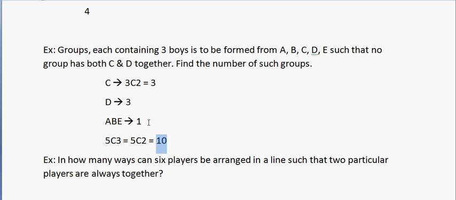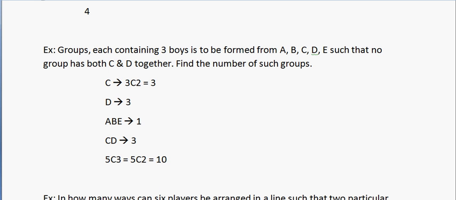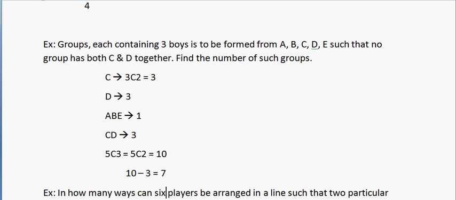So how many groups have C and D together? We have seen that if C and D are together, they would be 3, right? So our answer would be 10 minus 3, which is equal to 7, right? I hope that you are clear with both the methods. So whichever seems to be convenient to you, you can use that.